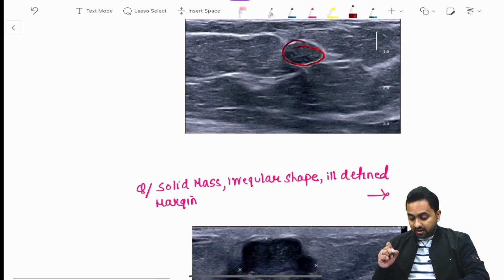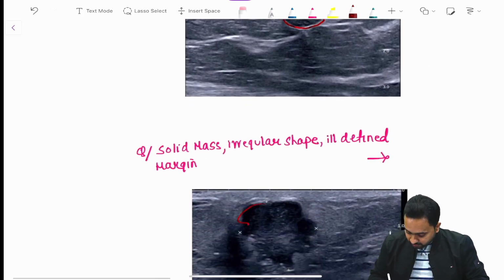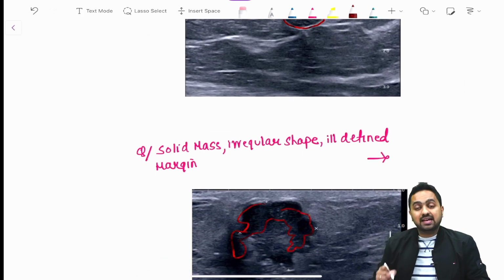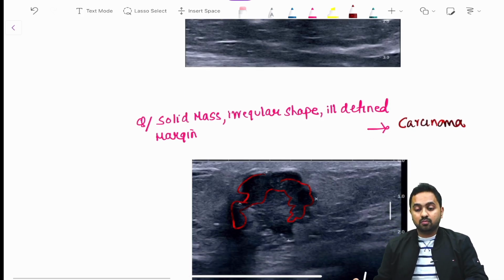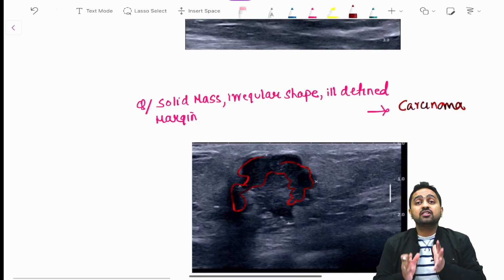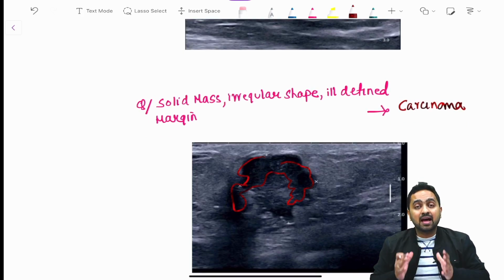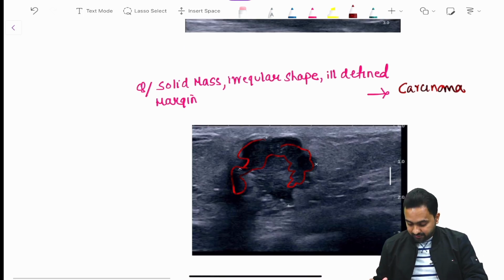Whereas if there is a solid mass and then you have an irregular shape and an ill-defined margin, this would be suspicious of your carcinoma. So you can see the difference of the benign and a malignant breast swelling in case of ultrasonography.